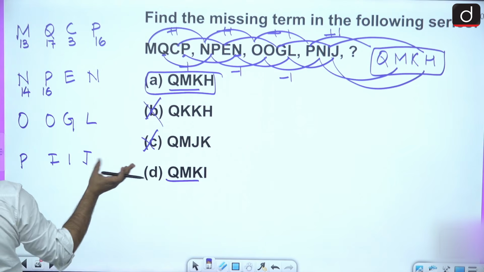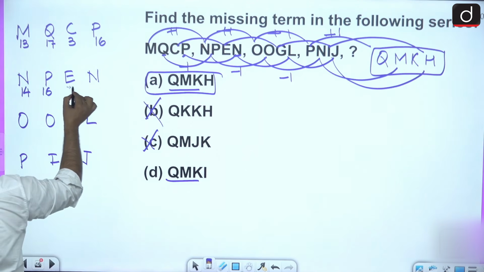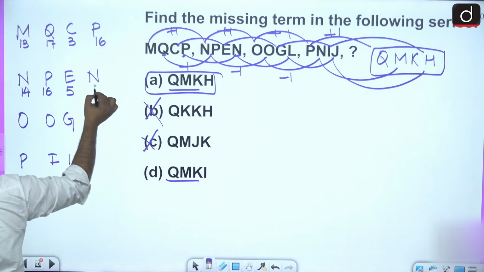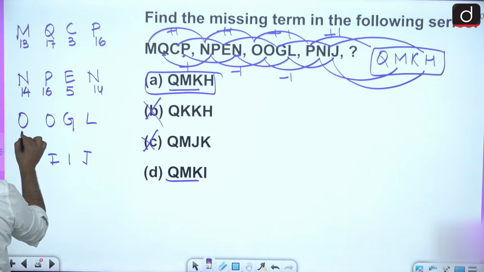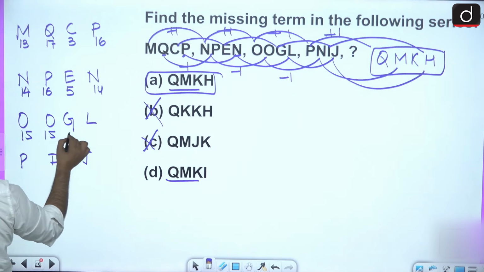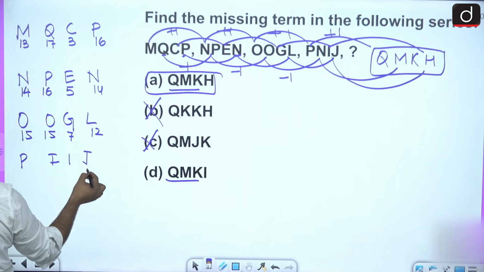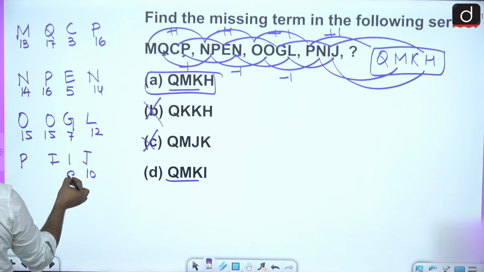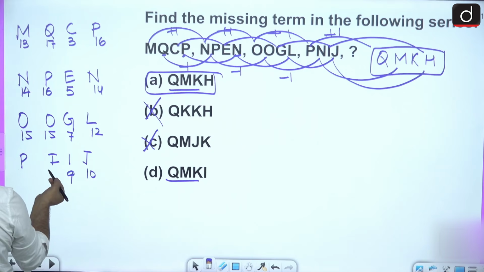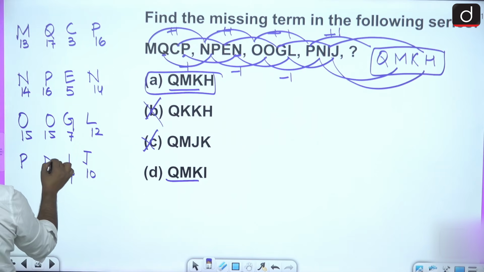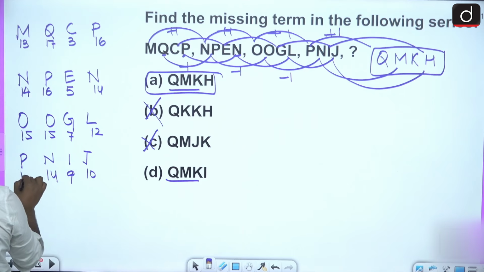Repeat with me, this you will need to remember: E is on 5, N is on 14, O 15, G is on 7, L 12, J is on 10, I 9.